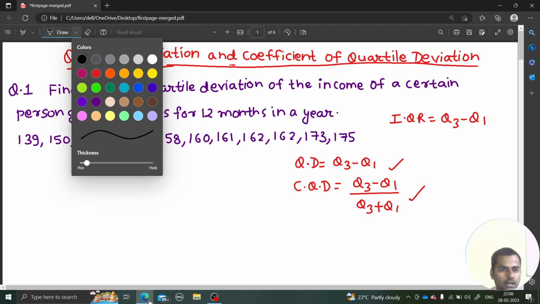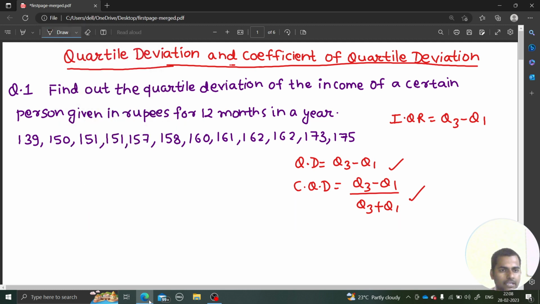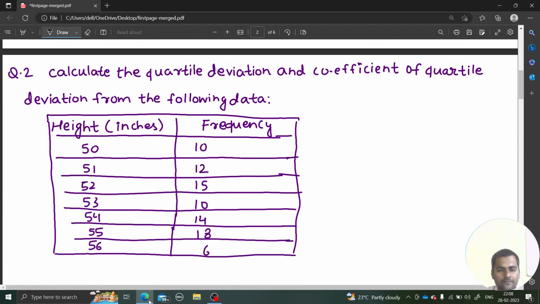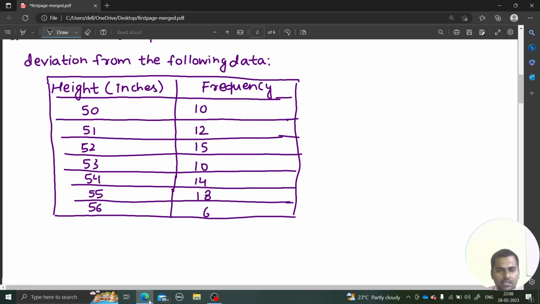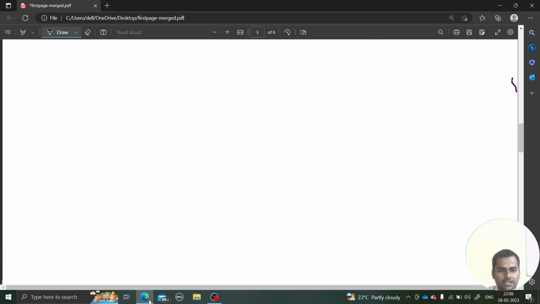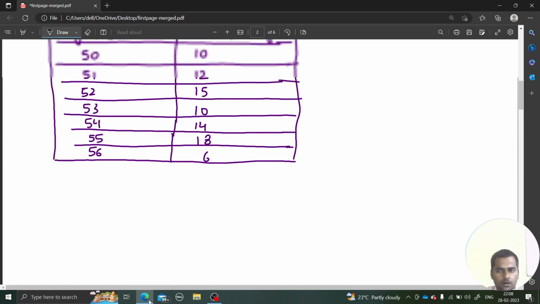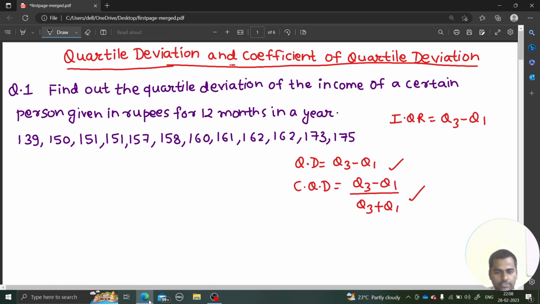The first type is data given simply, the ungrouped one. The other type is the frequency table, and the third is given in the form of class intervals. We'll see all three, how to find Q3 and Q1, and once you find Q3 and Q1 you can easily find quartile deviation and coefficient of quartile deviation.